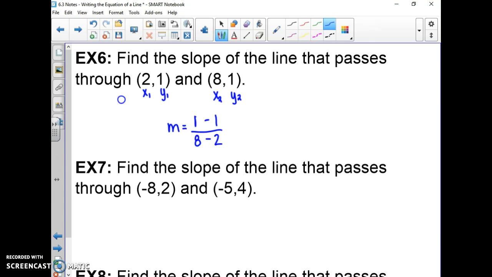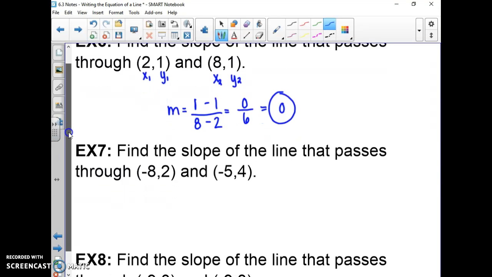So that gives us 1 minus 1 over 8 minus 2. 1 minus 1, of course, is 0. 8 minus 2 is 6. 0 divided by 6 is 0. So we get a slope of 0. That tells us this is a horizontal line. If you notice, the y coordinates are the same, which means they're going to have to be on the same level, giving you a horizontal line. So you could notice this before you do the formula if you're really good.